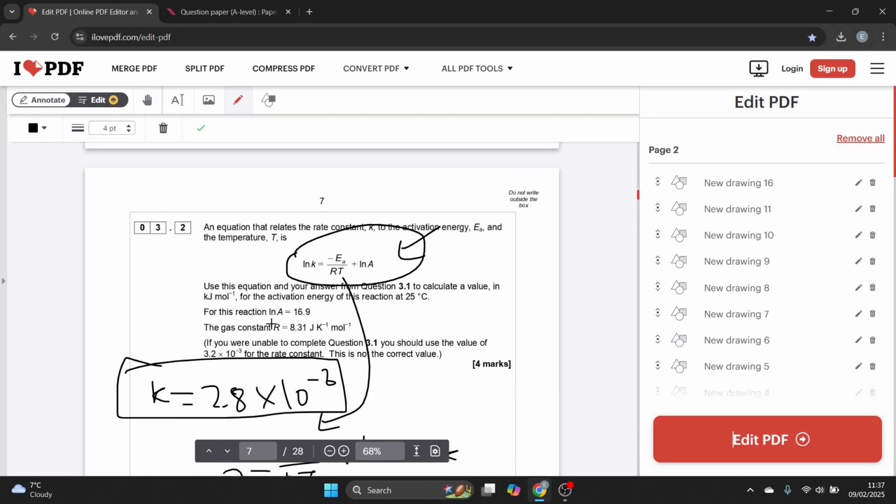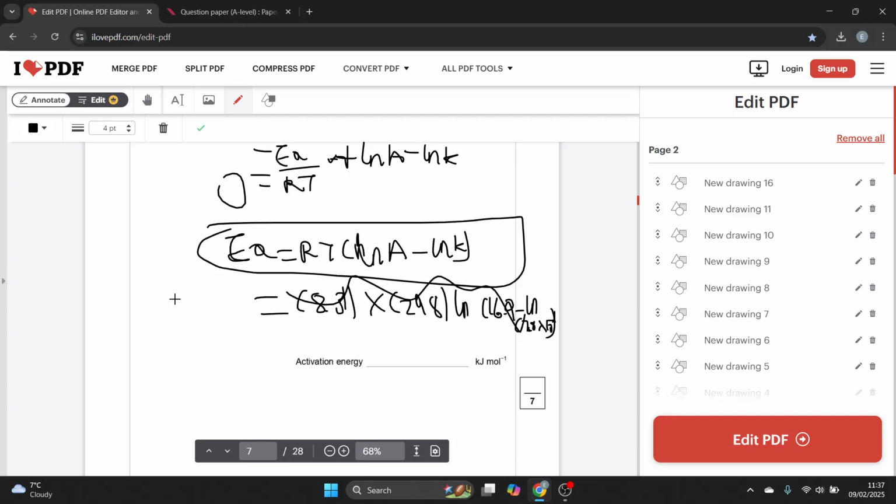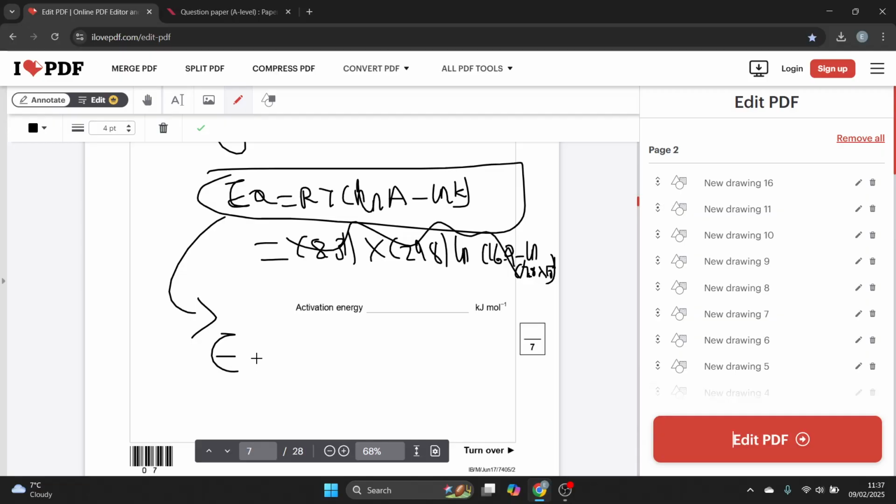Oh, ln A is 16.9. So I'm not doing ln 16.9. It's already 16.9. So it's going to be EA equals 8.31 times by 298 bracket 16.9 minus ln K. Okay, so that makes sense. 8.31 times by 298 bracket 16.9 minus ln 2.8 times by 10 to the power minus 2.